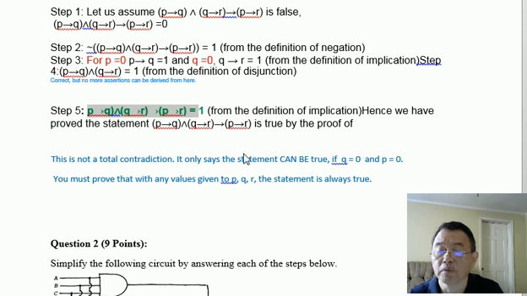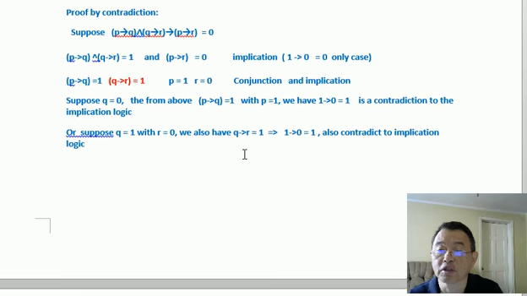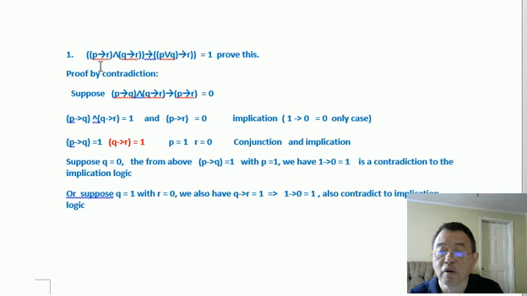So here is one version of proof by contradiction for the same question. If you want to prove this to be true by contradiction, then you suppose it equals 0. And then look at the truth table of implication logic.